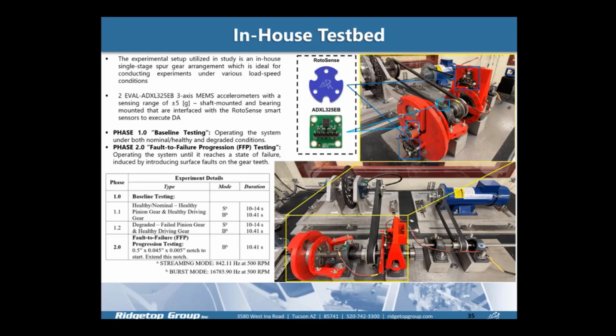The second phase was fault to failure progression testing, which was a highly accelerated life test to operate the system until it reaches a state of failure by actually notching faults in the gear teeth. Shown down here is the test plan for the same. Next.